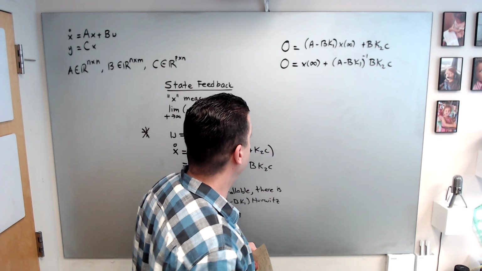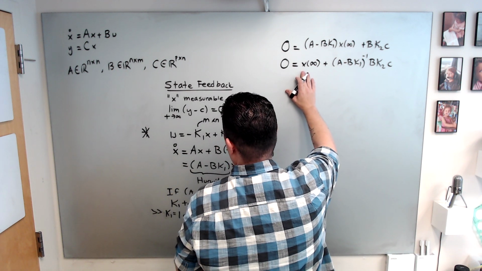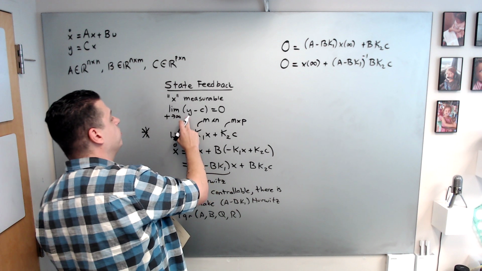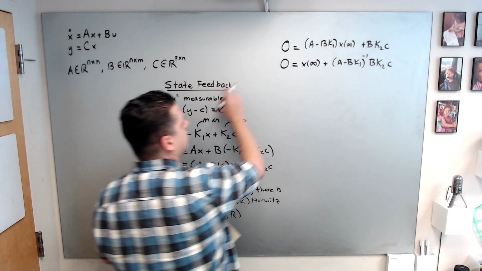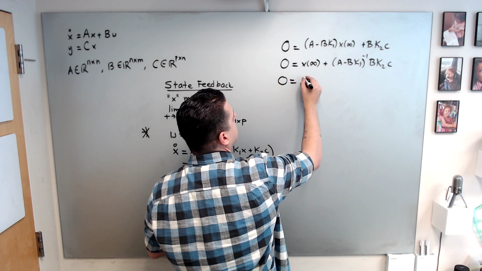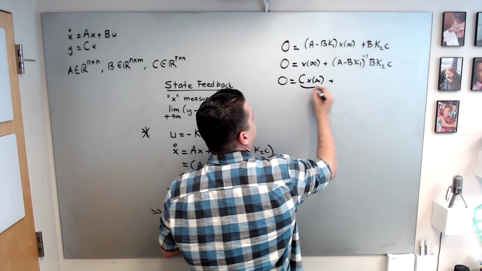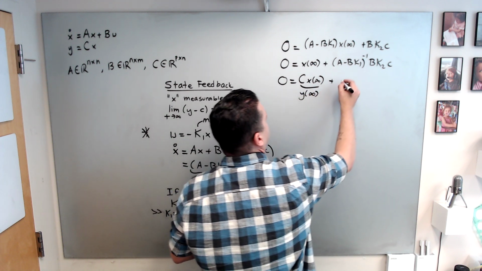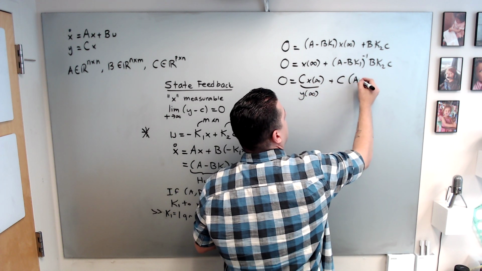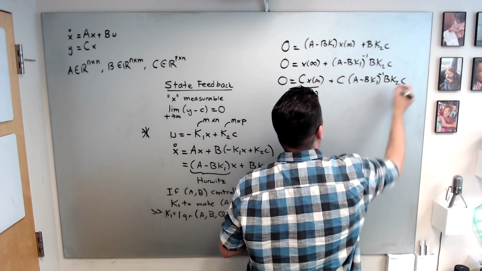This is invertible. It won't have a 0 eigenvalue because we just made it Hurwitz. We choose K2. Now, we don't care about x infinity, right? So we mainly want the output to follow the command. So I am multiplying both sides by C. So we have Cx infinity, which is y infinity, plus C A minus BK1 inverse BK2c.